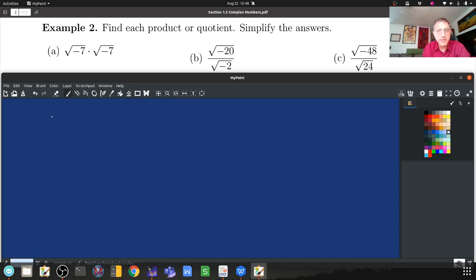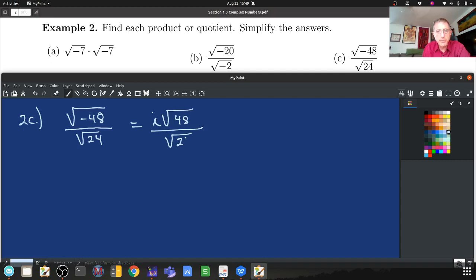In 2c, right here, 2c, square root of minus 48 divided by the square root of 24. Again, let's work on the numerator. That's just i times the square root of 48 times the square root of 24.